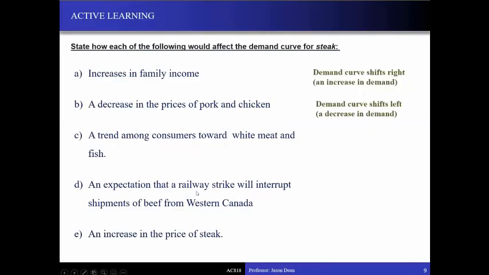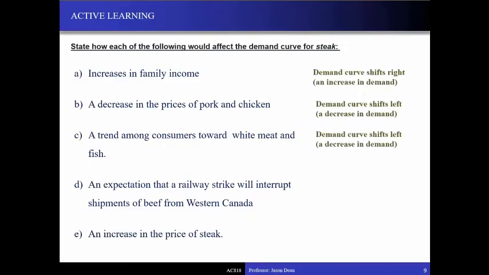What if there's a trend among consumers towards white meat and fish? Again, these are meat, so they're kind of a substitute. We would represent something like this with a shift in the demand curve to the right or left. Left. Why would it be the left?